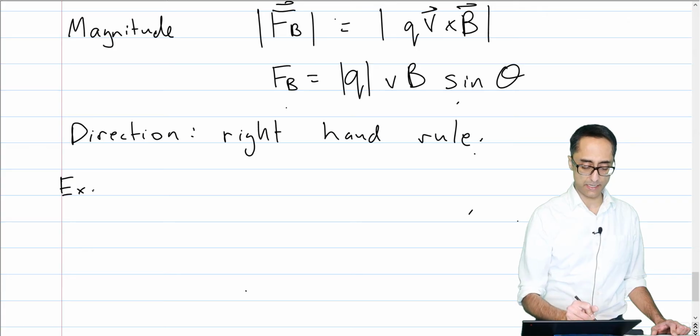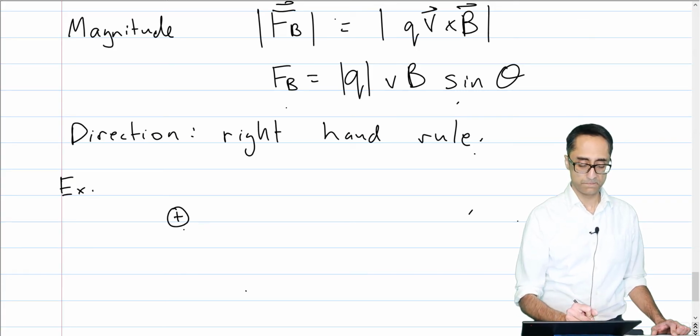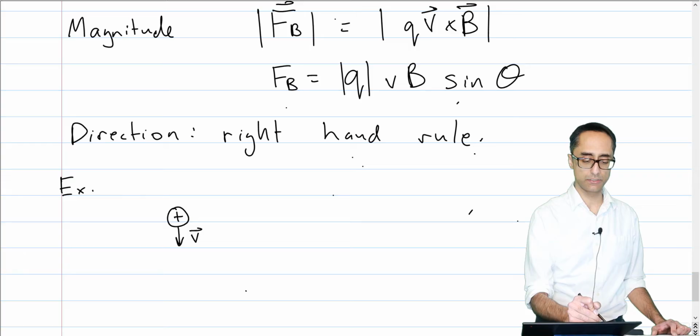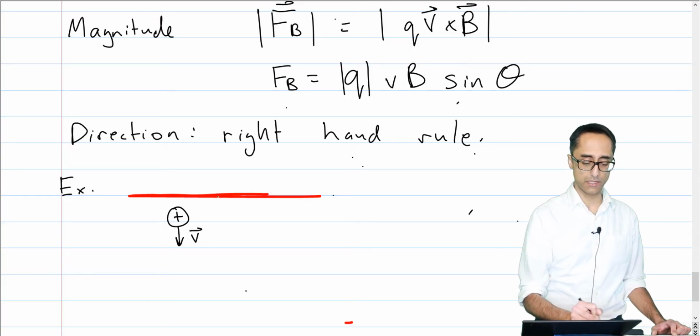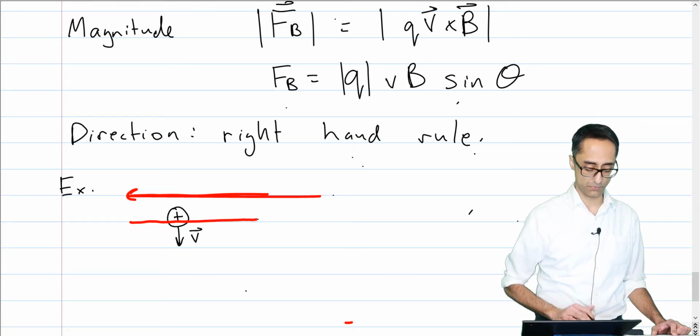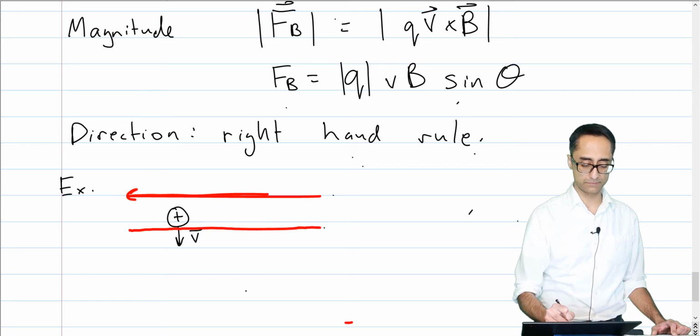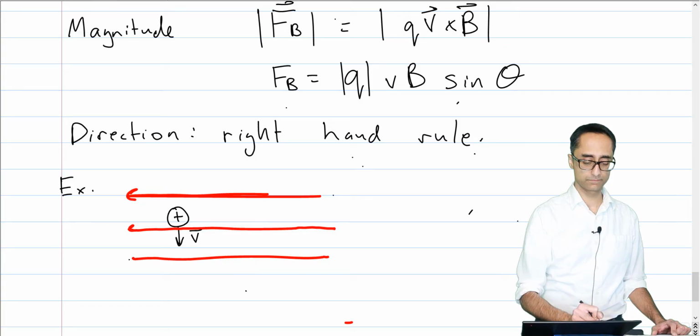So let's take a charge, a positive charge that is, and we will have an initial velocity in that direction. And we're going to have our magnetic field lines go this way. Let's have it go like that. There we go. All right.